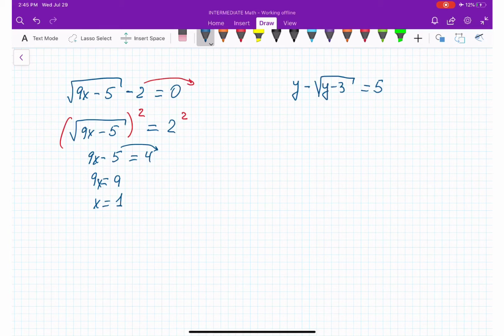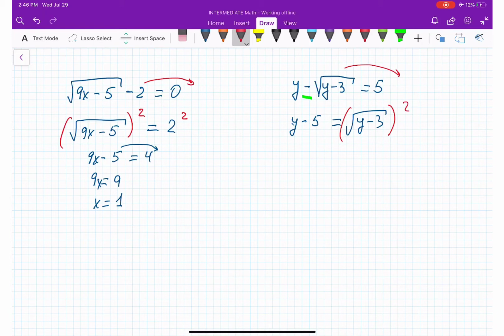Since I have a negative sign here, I would rather move the radical itself to the other side, and I will get y minus 5 equal to the radical of y minus 3. What are we going to do next? Next we are going to square both sides.